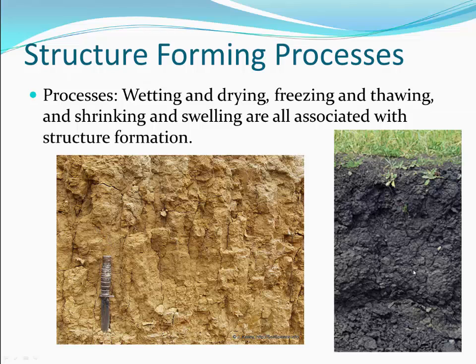Well, shrinking and swelling is another way that we form aggregates, and I showed a picture earlier of the wedge-shaped aggregates. This soil on the right has quite a bit of clay. It also has a lot of organic matter, and so we're going to have good strong structure formation here. But also freezing and thawing. I showed a picture of the platy structure in a previous slide, and that was formed from freezing and thawing processes.